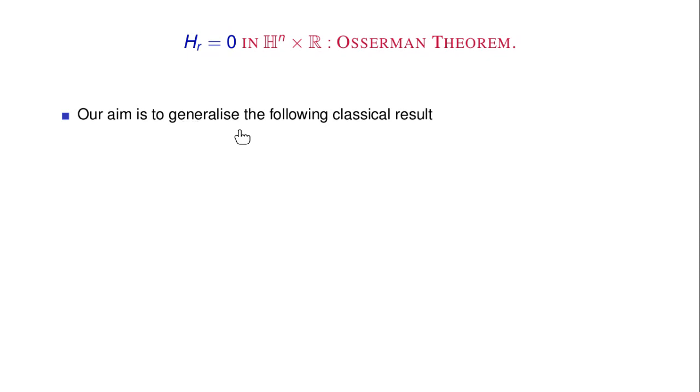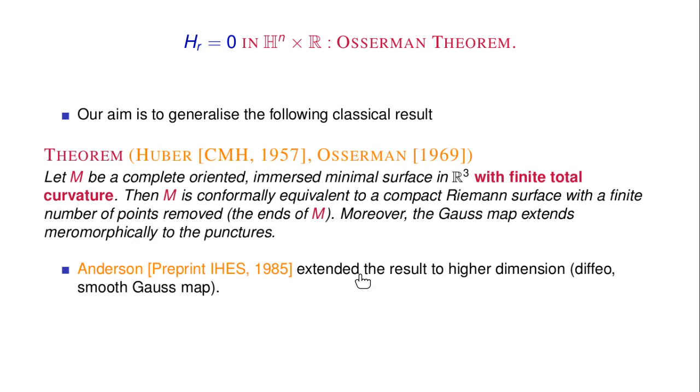And our aim is to generalize the following classical result, a theorem due to Huber and Osserman. Let M be a complete, oriented, immersed minimal surface in R3 with finite total curvature. Then M is conformally equivalent to a compact Riemann surface with a finite number of points removed, that are the ends of M. And the Gauss map extends meromorphically to the punctures.